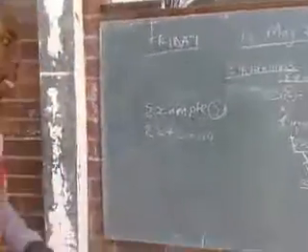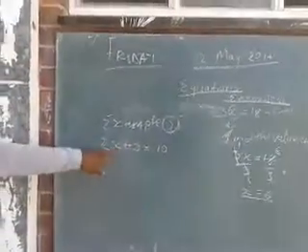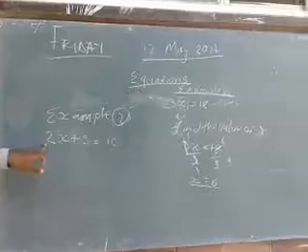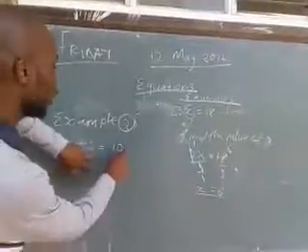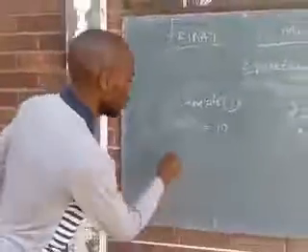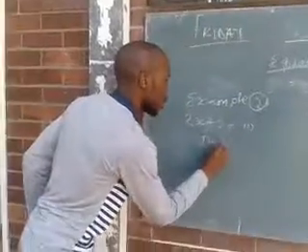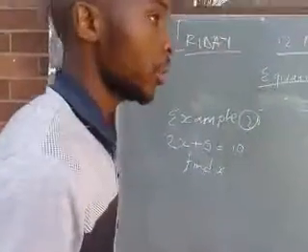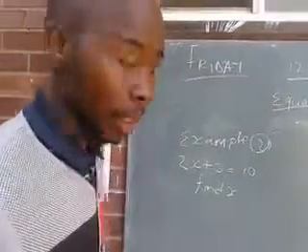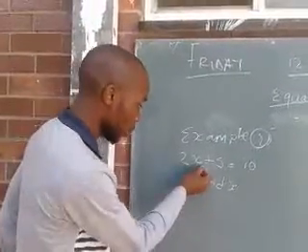What does this mean? If you multiply a certain number by 2 and you add 5, it will give you 10. What is that number? The question says find x.